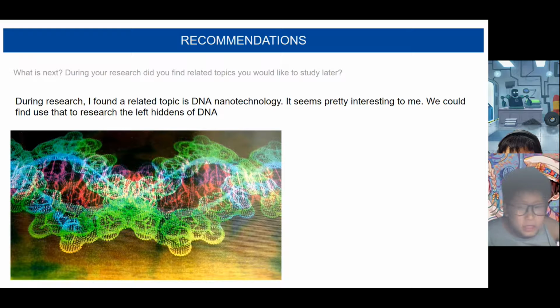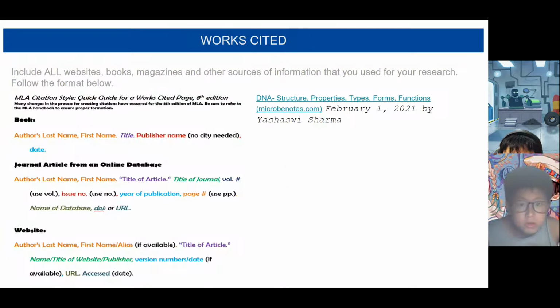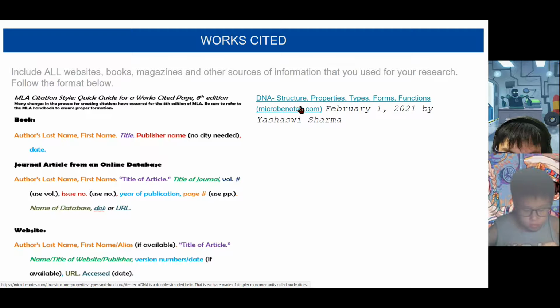We all agree that it seemed pretty interesting. We could use that to keep on researching about DNA. So this is the website. You can check out this link, published on February 1, 2021 by Yasha. You can read it.